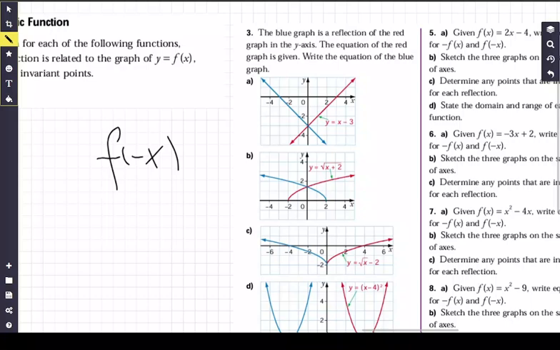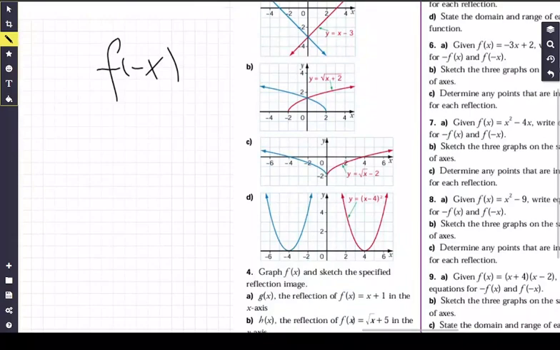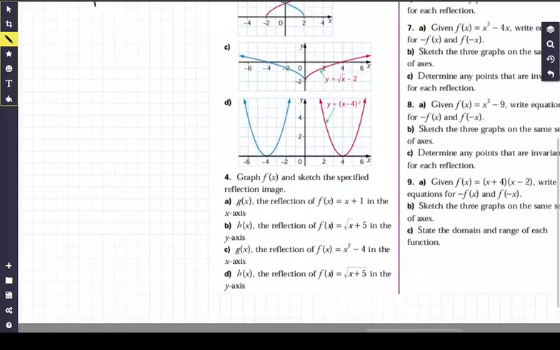And for b, that's another flip, so it's y equals negative f of x. And then c, it's the same thing. We're flipping across the y. Now we're also flipping across the y for d. And for 4, you can go ahead and graph that on Desmos, and then you will find the reflection.